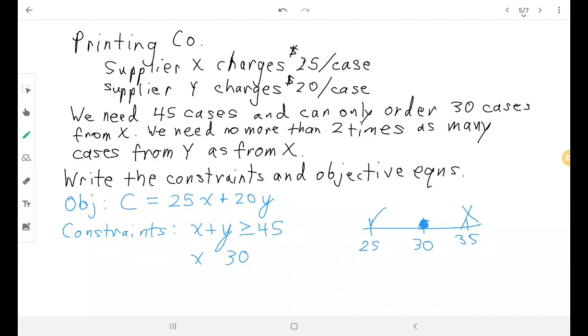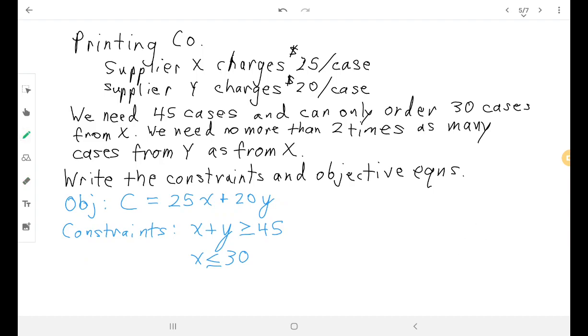Now, I know it doesn't quite say that in the wording of the problem, but this is where the interpretation and understanding these ideas unfortunately has to come into play because people don't always say exactly what they mean. So we can have the 30 cases, and we can go back this way. So that's less than or equal to, right? Okay.